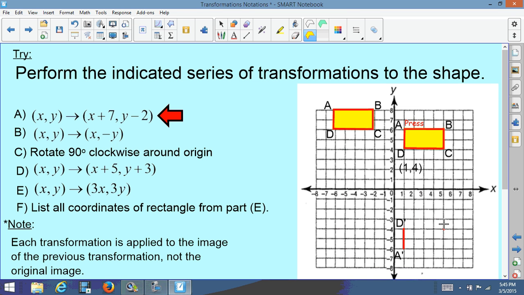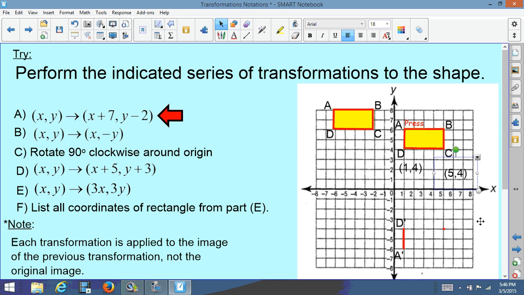Or I could take this coordinate, let's see which coordinate. I'm lined up with C. So C, I can take this coordinate C and make it the opposite y value. So this coordinate C is equal to 5, 4.